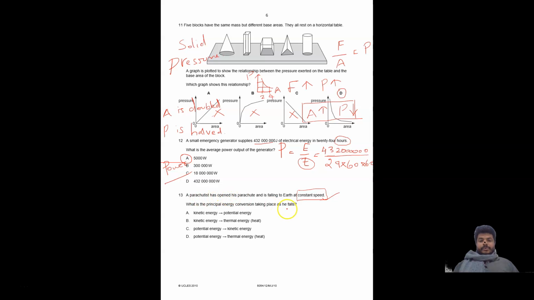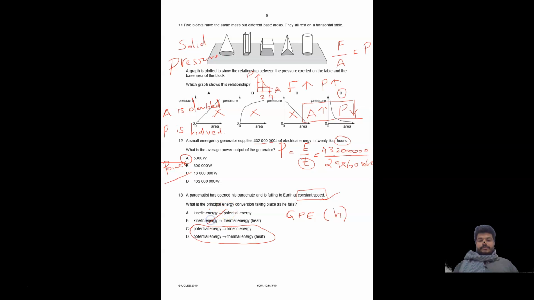Where he is falling from the sky, he has gravitational potential energy because he is more above the ground. As he has more height, he should have gravitational potential energy, right? Any object held above the ground has gravitational potential energy, and that gravitational potential energy is converted to something, so these two options we have to think about.